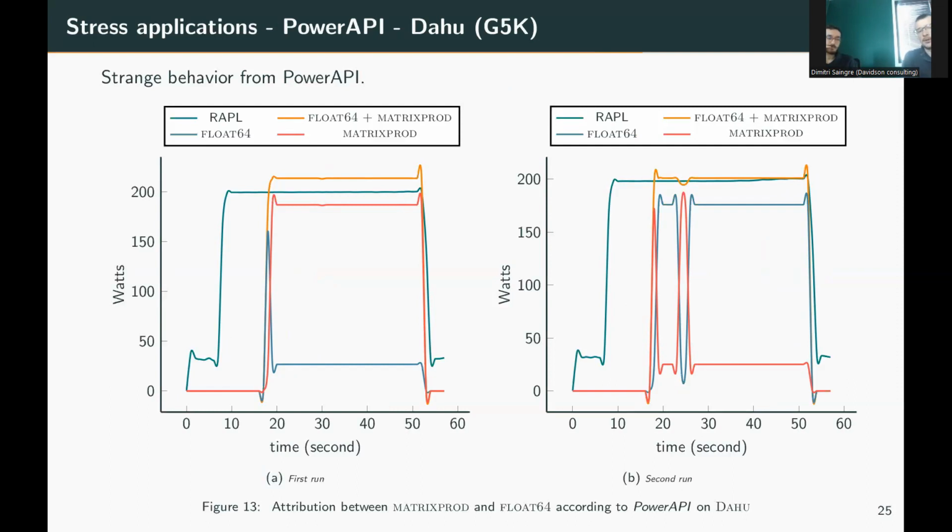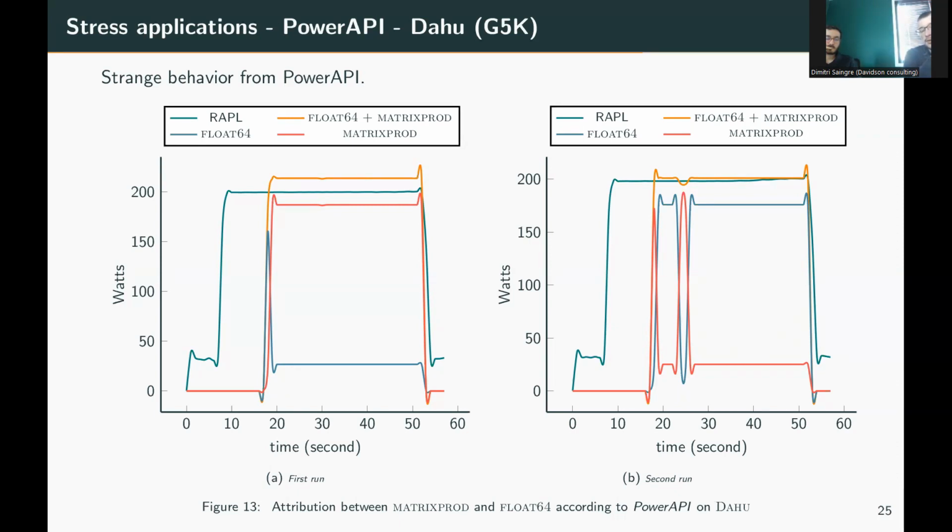As an example, we ran the same execution twice with 2 stress functions, float 64 against matrix prod. They are the same size, and in isolated execution, they are consuming about the same amount of power. So what we should expect is for both applications to have relatively the same energy consumption.